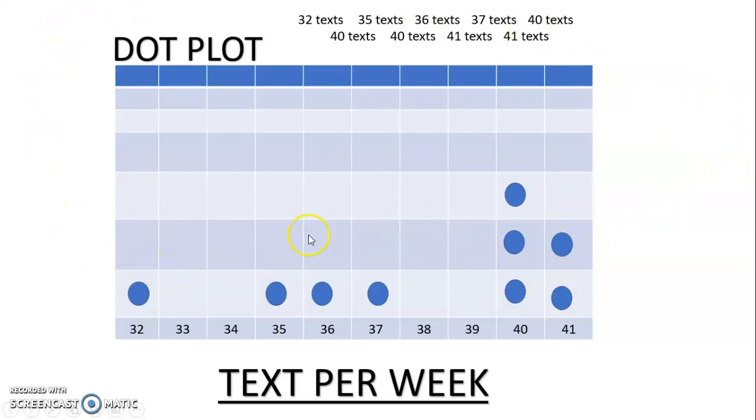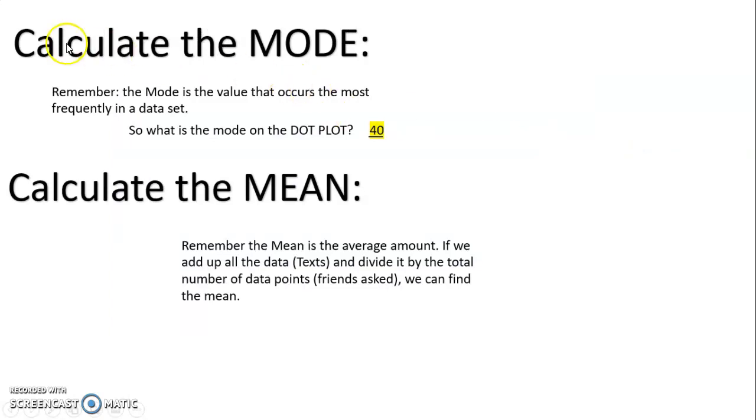So here it is. Remember, you're looking for texts per week. So you have it right here. Now this is one answer because this is the graph that they're asking you to build. So let's go for the next slide. Now you need to calculate the mode. Remember, the mode is the value that occurs the most frequently in the data set.